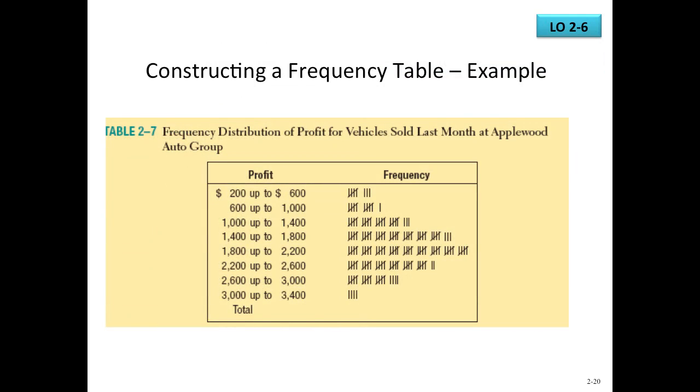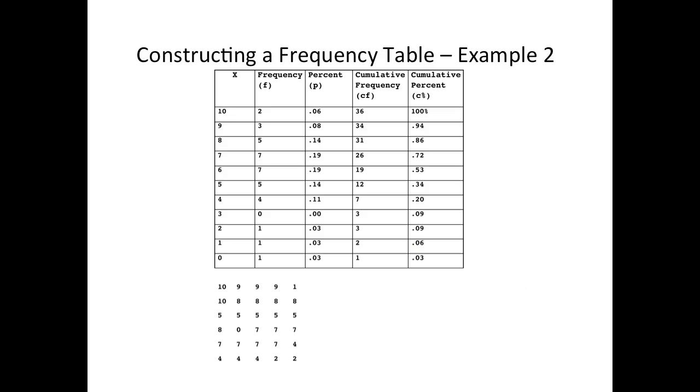If you wanted to construct one, you would basically come up with something like this. You could either do tallies or you could just put the actual numbers in there. You will not have to construct any tables, but you will need to know what the different columns mean and how you would calculate it.